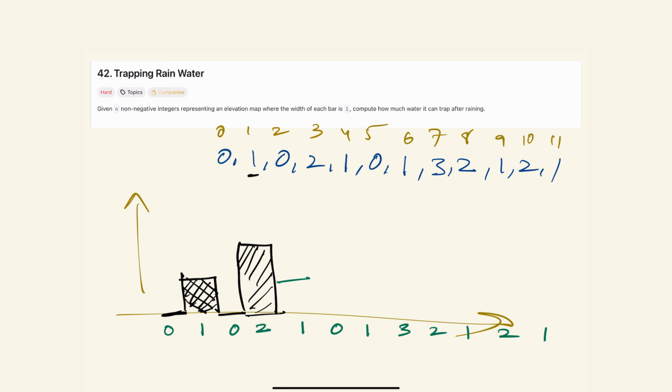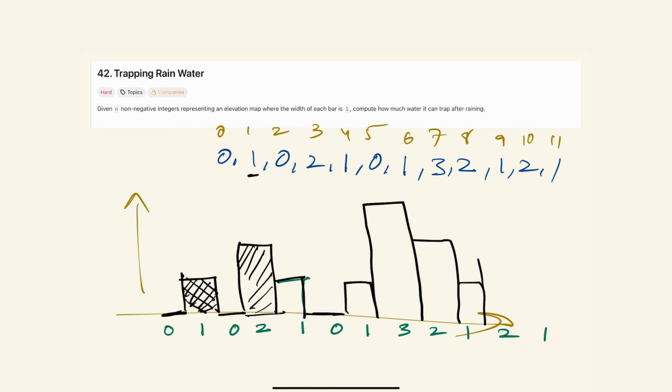Now this is 1, again 0. Okay, again this is 1, now it is 3. Now again it is 2, this is 1, again it is 2.